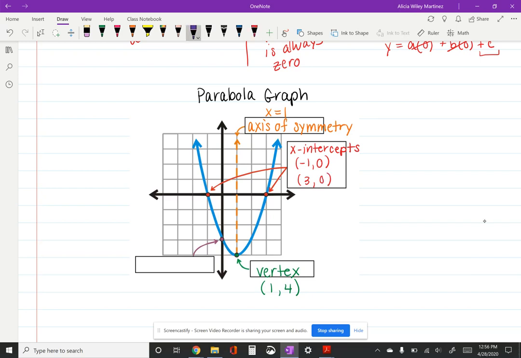And then last, this point down here on the y-axis is what we call the y-intercept. There is one of those, and it is going to be the point 0, -3. So this is a really nice summary of all the key parts of a quadratic function's graph.